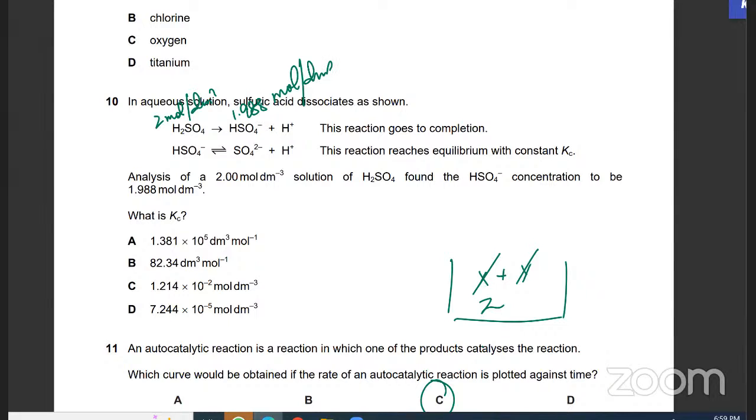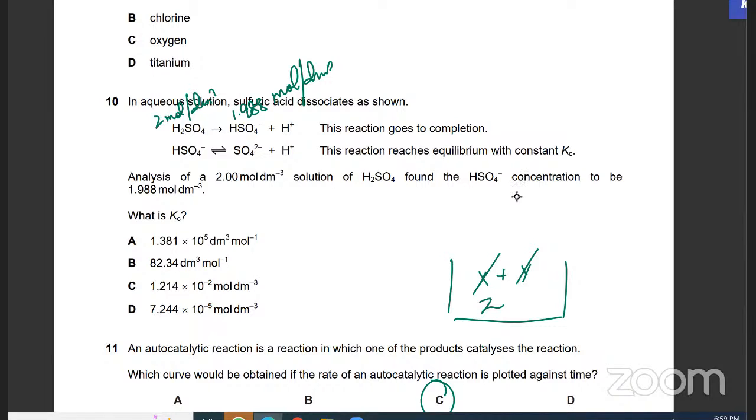So that's the concentration of 1.988. My only question is, it's sulfuric acid, and there is a 2 mole per dm cube solution of H2SO4. Now I don't know if this is the initial concentration or the final concentration. Found the HSO4 minus ion concentration to be 1.988.